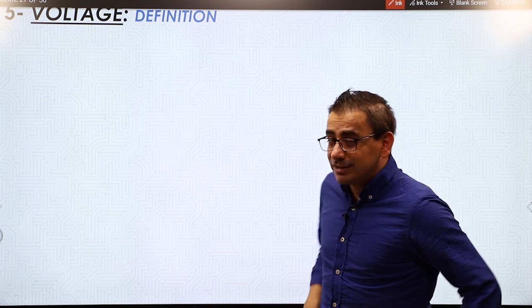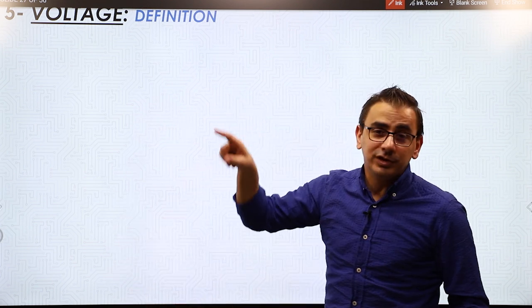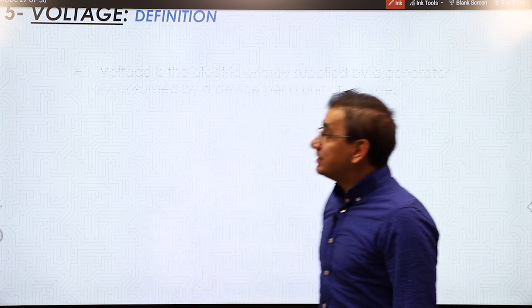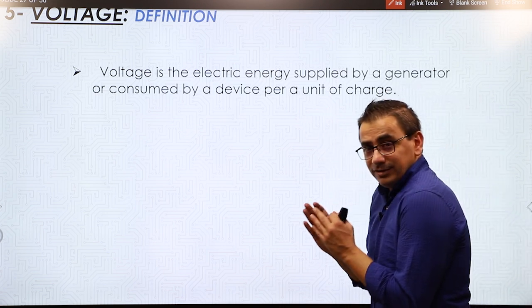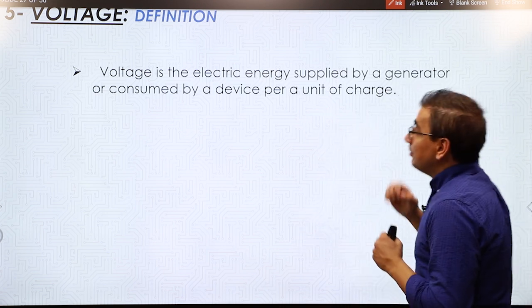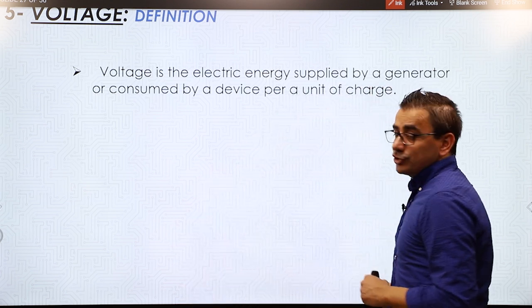Now, when we talk about electricity, basically we have 2 important elements. These are the current, the amount of charge flowing, and the voltage, the energy of the charge which is flowing. In fact, the definition of voltage is the electric energy supplied or consumed by the generator or the device per unit charge.